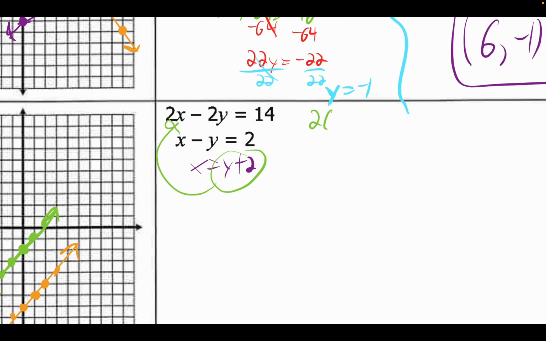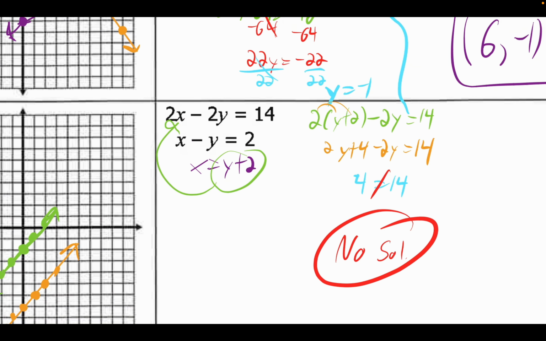I get 2 times y plus 2 minus 2y equals 14. So I distribute this, and I get 2y plus 4 minus 2y equals 14. That gives me 0y, so I just have 4 equals 14. And that is inaccurate, it's false. So this is also no solution.